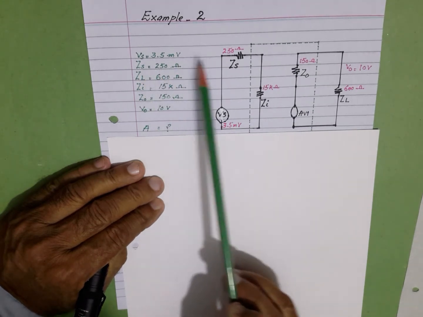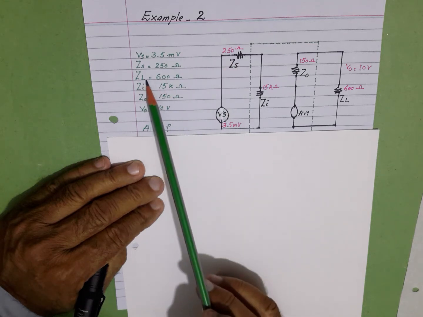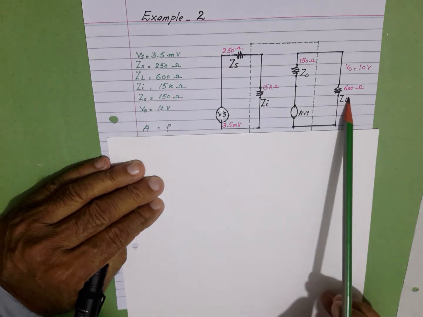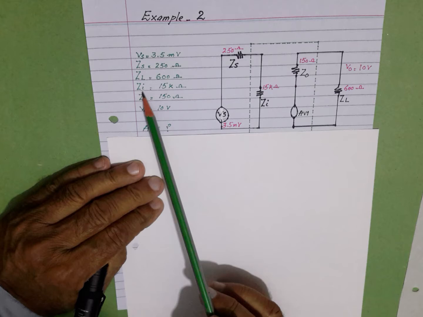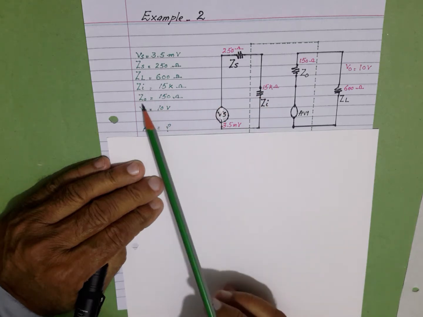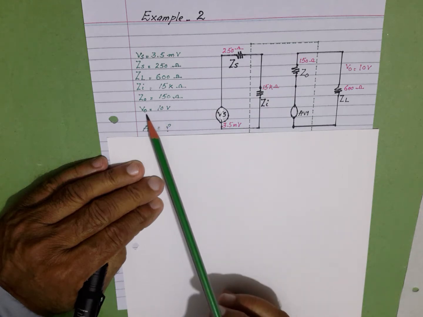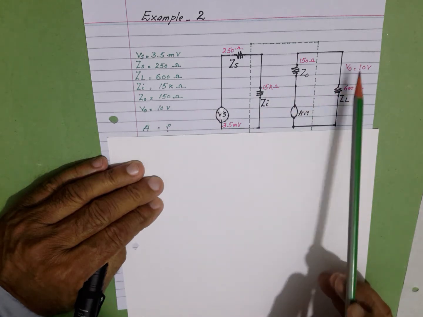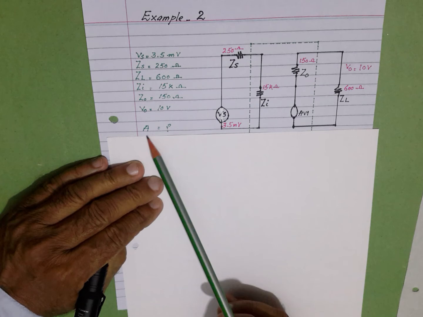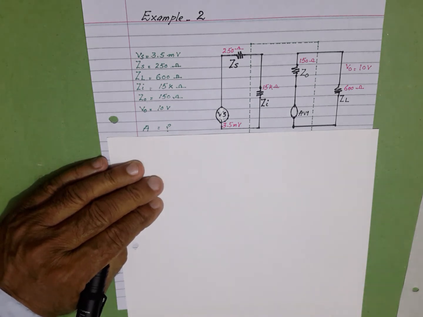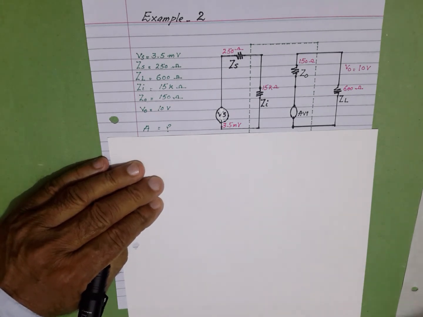Zs is 250 ohms. Zl is 600 ohms. Zi is 15 kilo ohms. Zo is 150 ohms. V naught is 10 volt, and we have to find out the gain of the amplifier, because the output voltage is given.